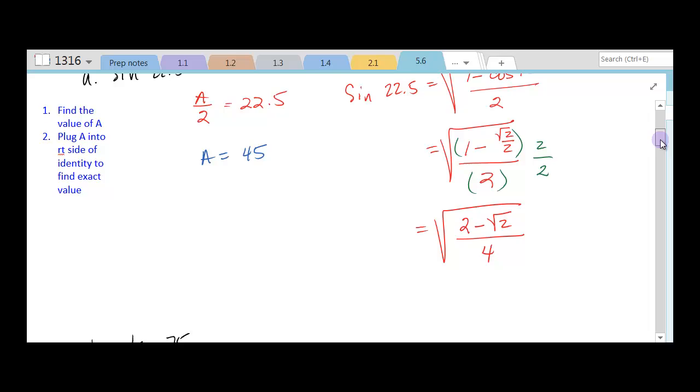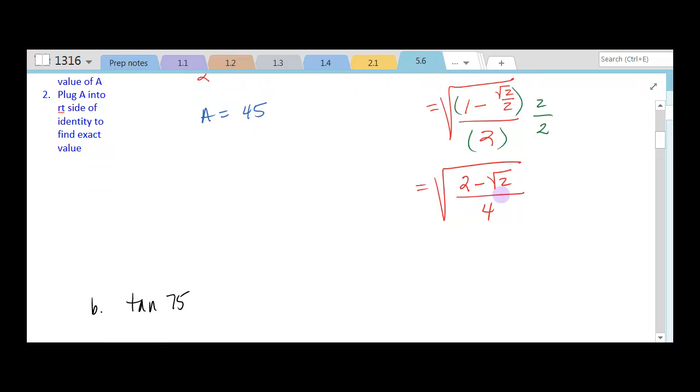Now I could rewrite this, and maybe it's a little bit clearer, by separating the numerator into its own radical, which would be the square root of 2 minus the square root of 2, and in the denominator, the square root of 4.